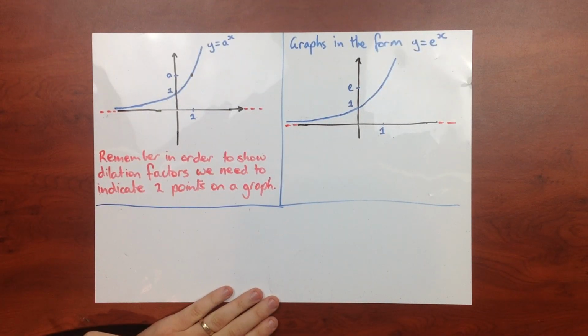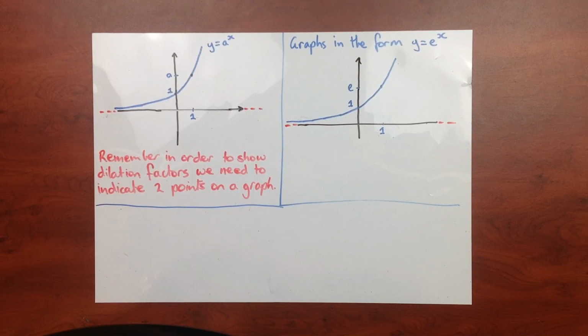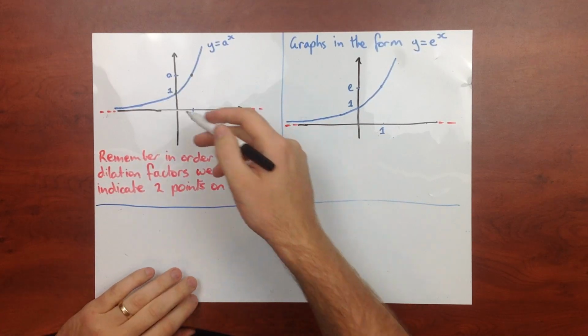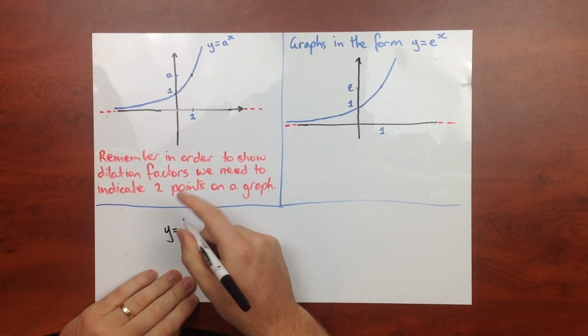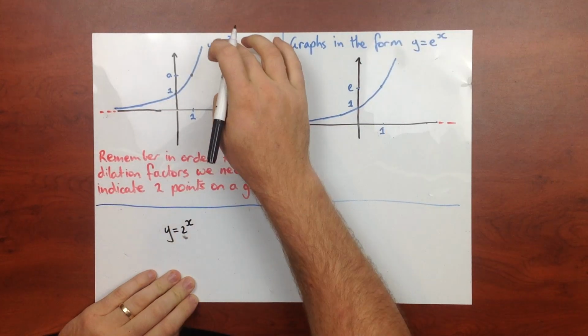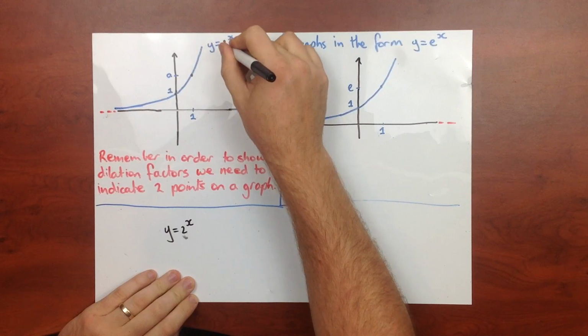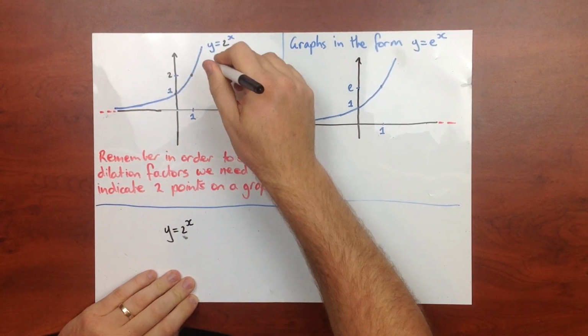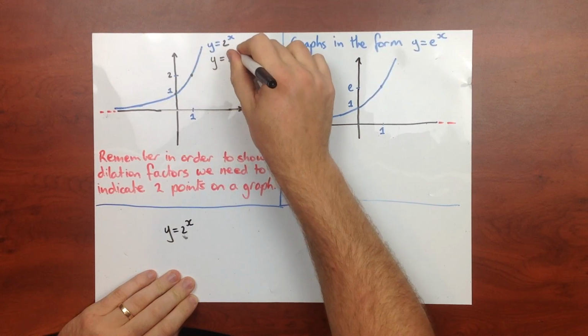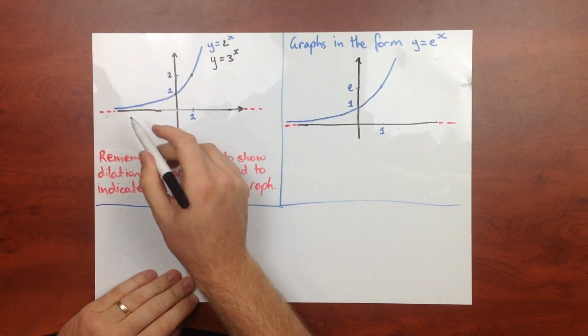So what would happen if this represented y equals 2 to the x? That means we would look like this. Then if we were to add y equals 3 to the x, what's going to happen?